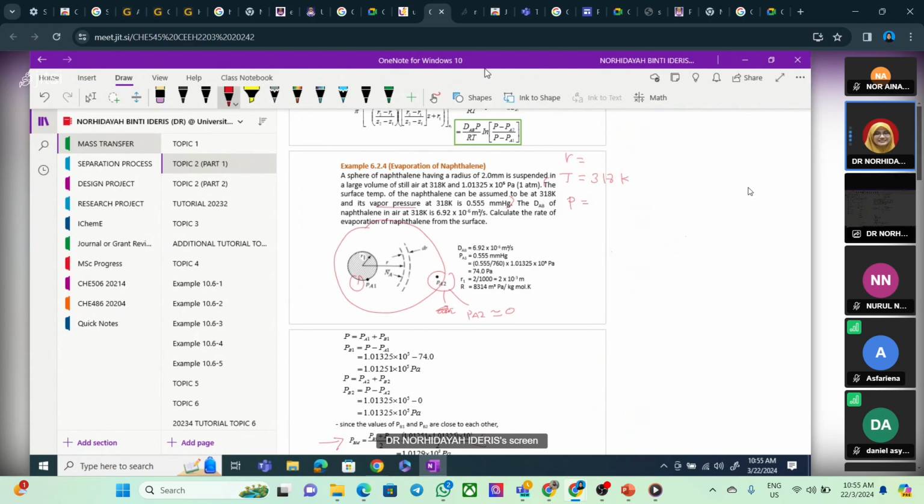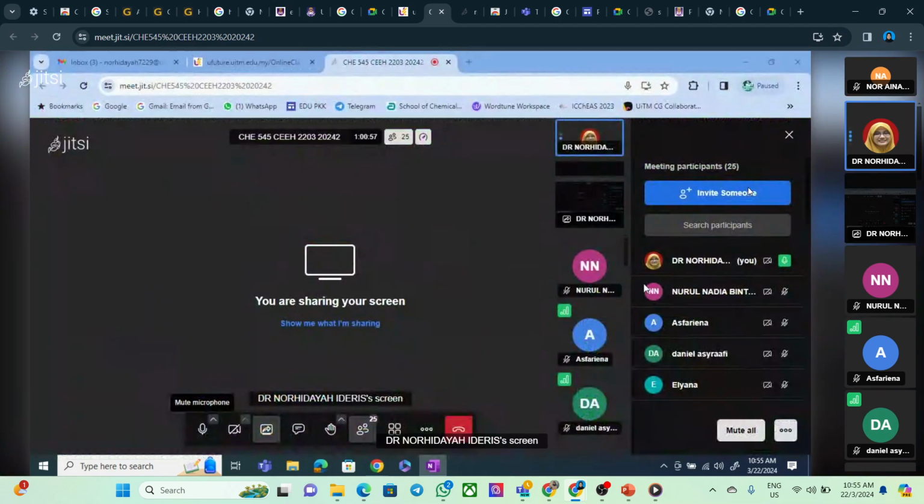So sekarang ni kita tahulah P sama dengan 1 atm, PA1 sama dengan 0.555 mmHg, and the value of DAB is given in the unit of meter square per second.